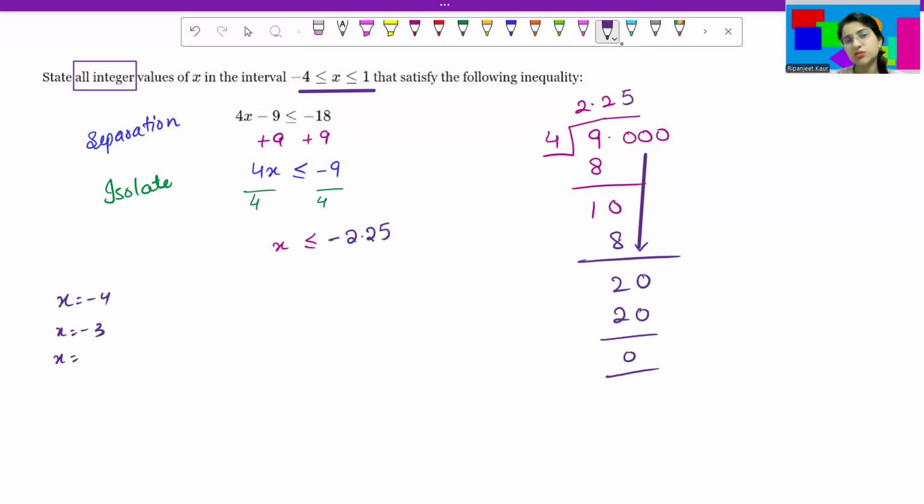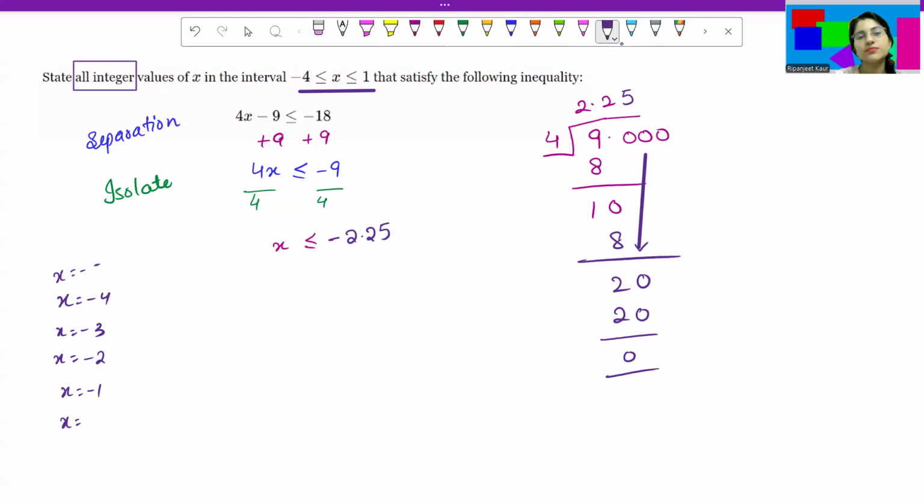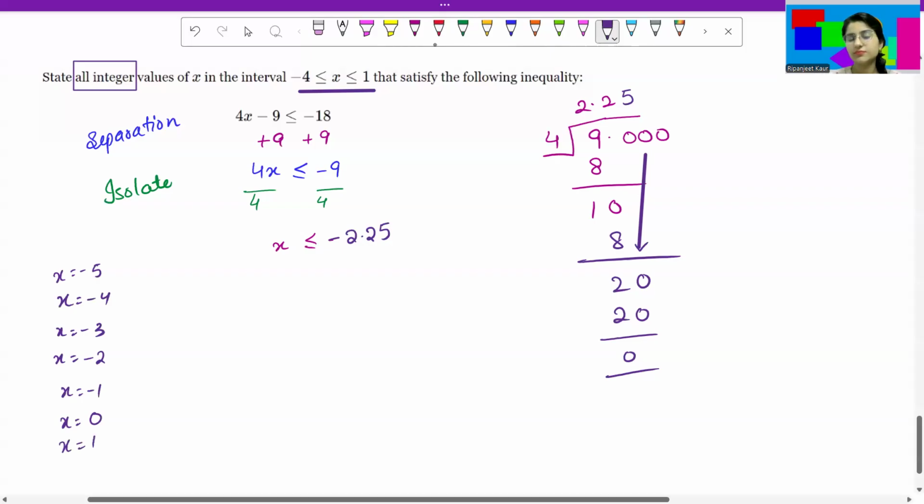Can you tell me what are the other possible values of x? X can be negative 2, negative 1, 0, and 1.